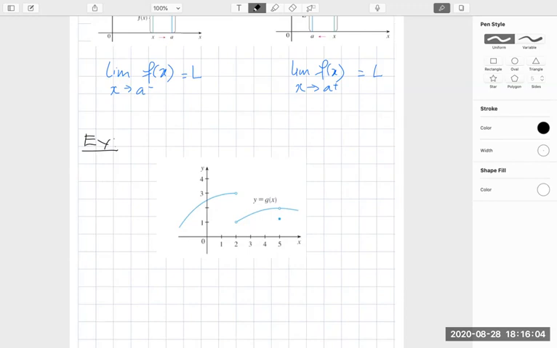And the second branch is for values from 2 to infinity. But remember, at x is equal to 5, the function is defined at this point. So we see that the solid point is the point that belongs to the graph. The point with a hole here means it does not belong to the graph.